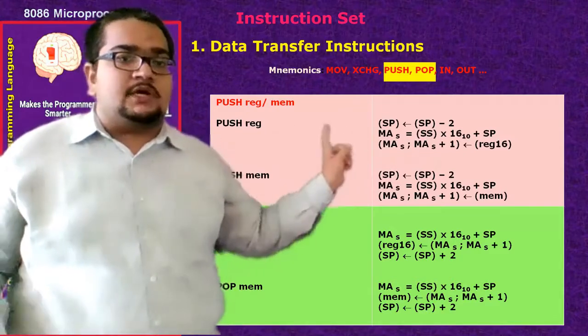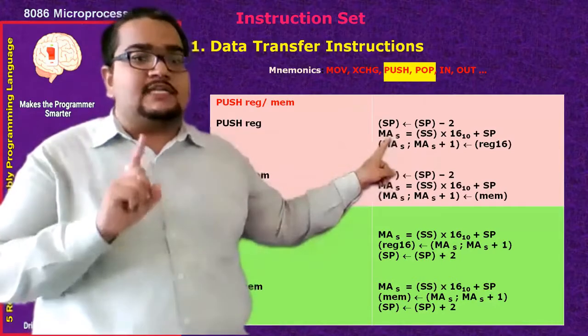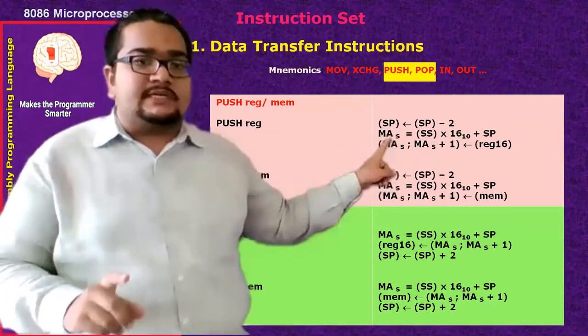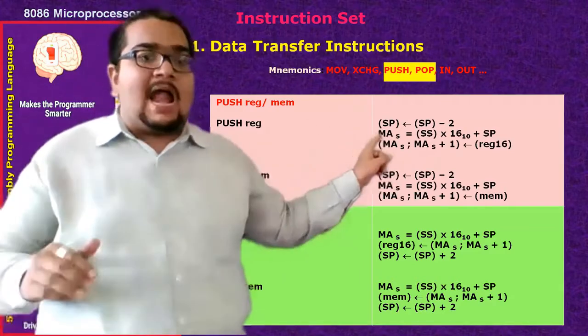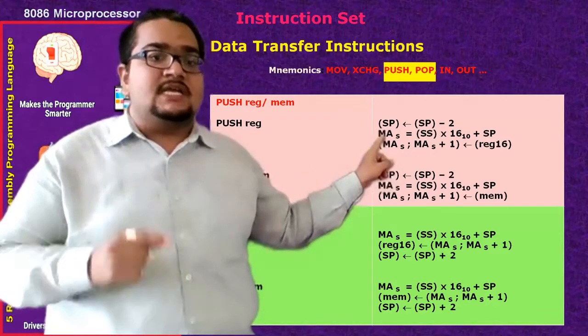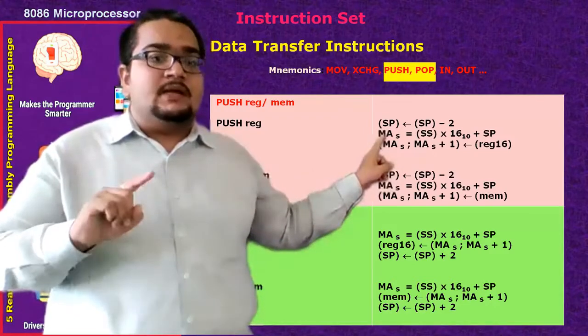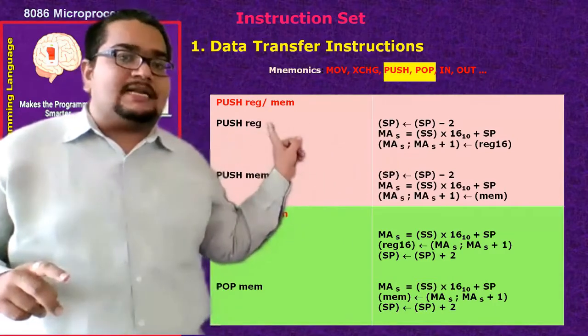After executing this instruction, locations 10 and 9, each containing 1 byte, will save the content of this register, and SP will decrement itself by 2, so that it can point to 8, because 10 and 9 are occupied by the content of REG.